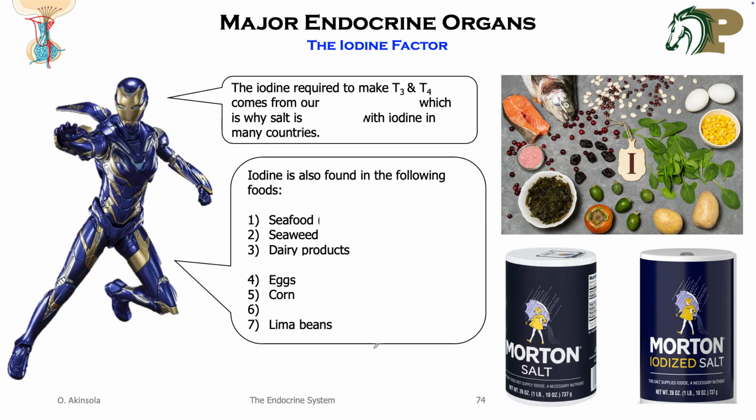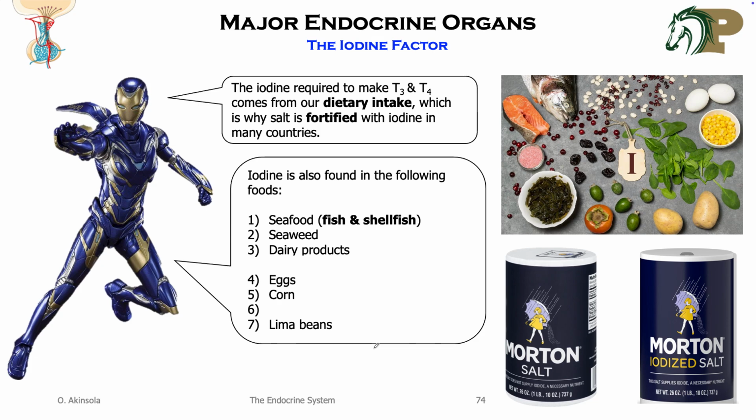The iodine required to make T3 and T4 comes from our dietary intake, which is why salt is fortified with iodine in many countries. Iodine is also found in the following foods. So you can find iodine in seafood, including fish and shellfish, shrimp, crawfish, crab, lobster, things like that.